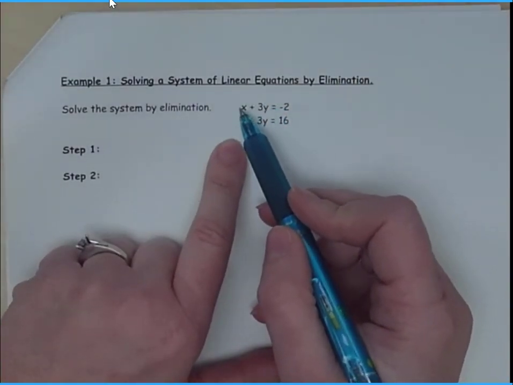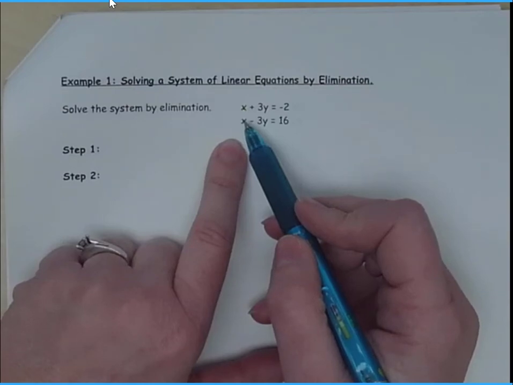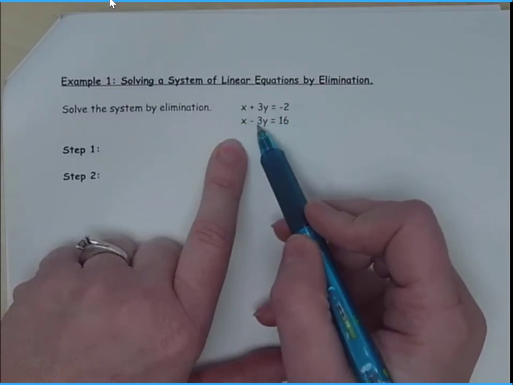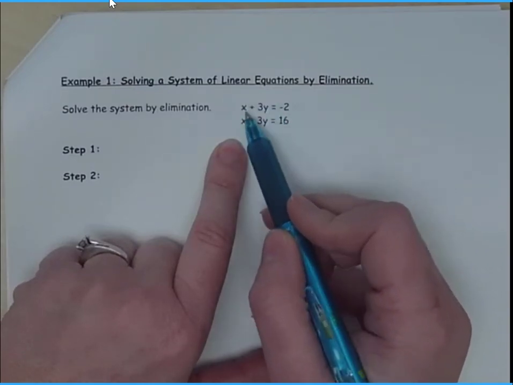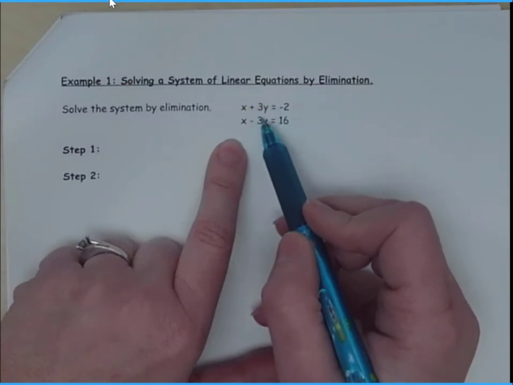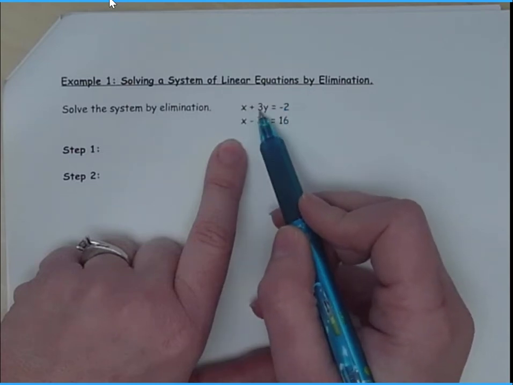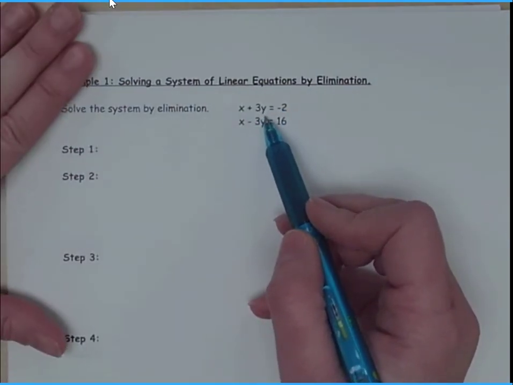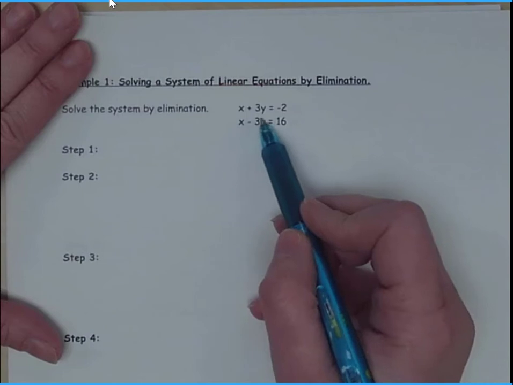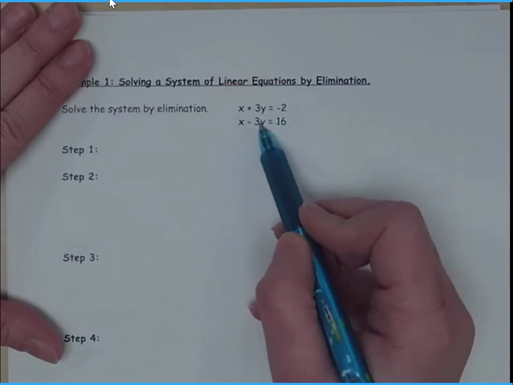I see I've got x and x, which are not opposites. And I have 3y and -3y. Those are opposites. So I'm going to look to see if I have an opposite here, and I do.